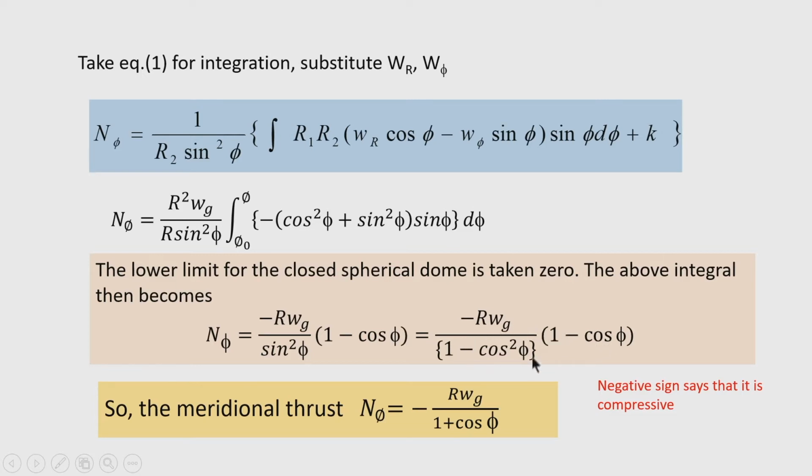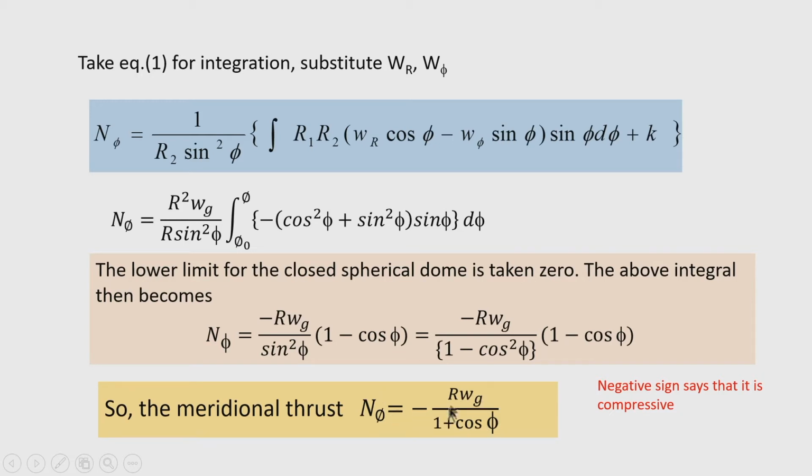Then after factorizing, 1 minus cos square phi can be written as 1 plus cos phi into 1 minus cos phi. Then 1 minus cos phi and 1 minus cos phi cancel, and we only get n phi equal to minus r w g divided by 1 plus cos phi.